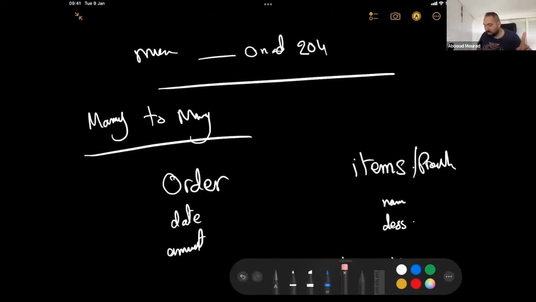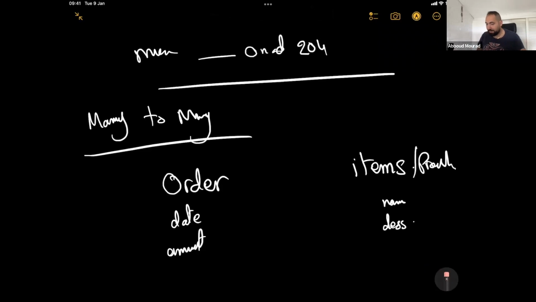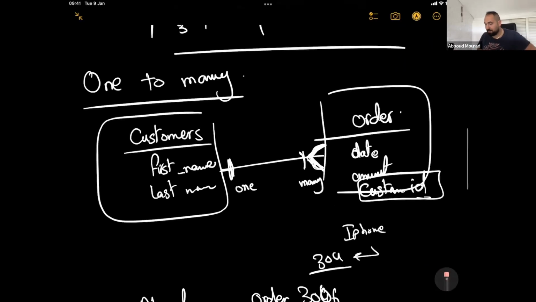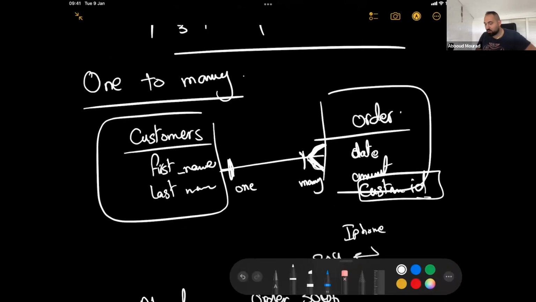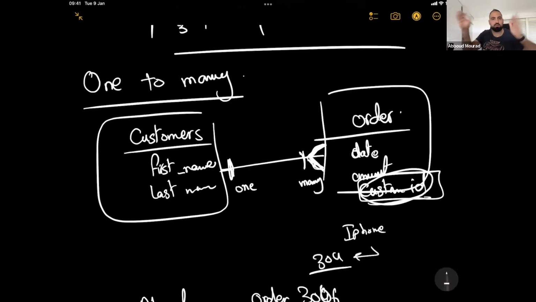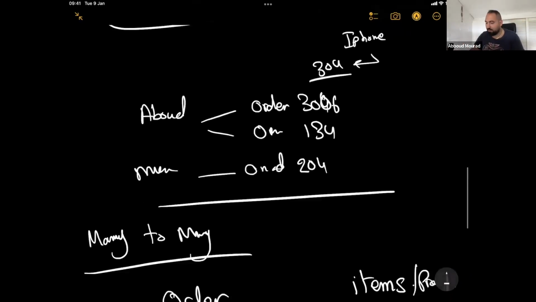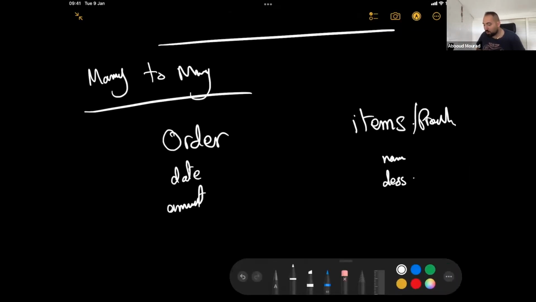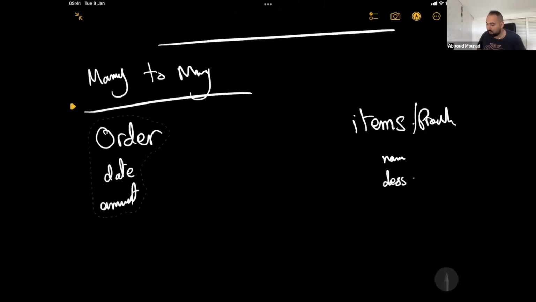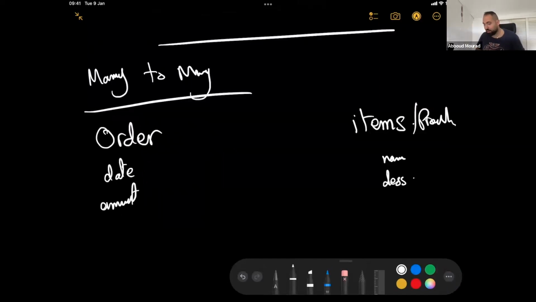But we have seen before that if you want to have one-to-many or one-to-one, we're supposed to put an ID somewhere, either here or there. It's up to the situation. But in the situation of many-to-many, we're supposed to put the IDs of both in order to make the relation.